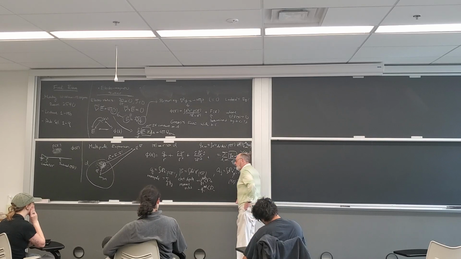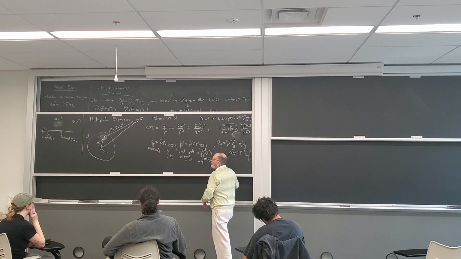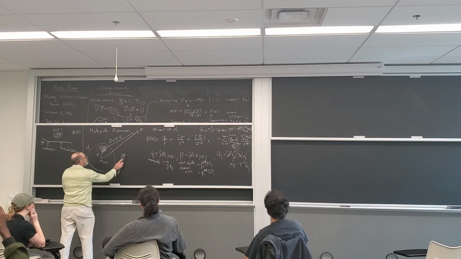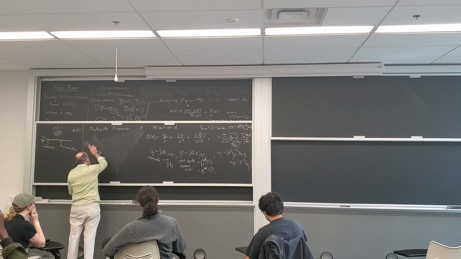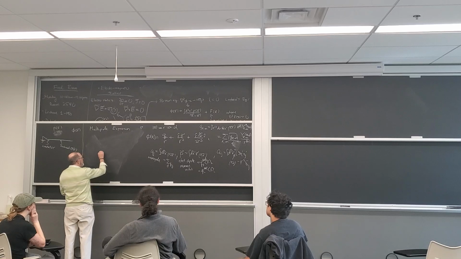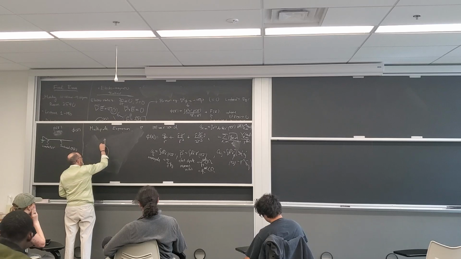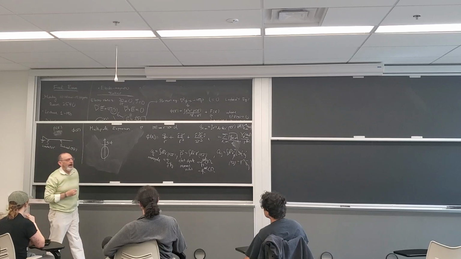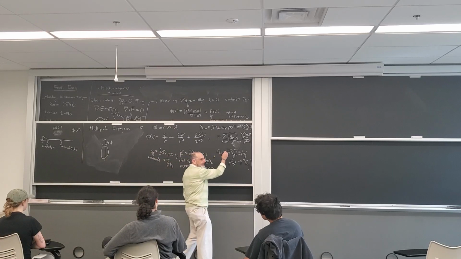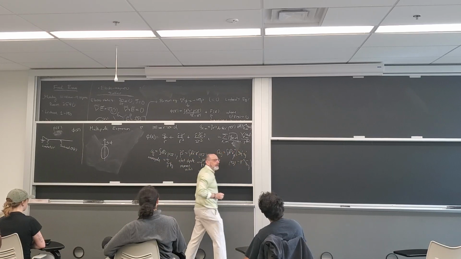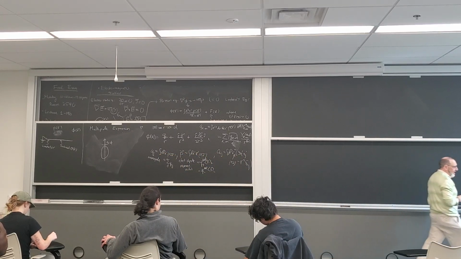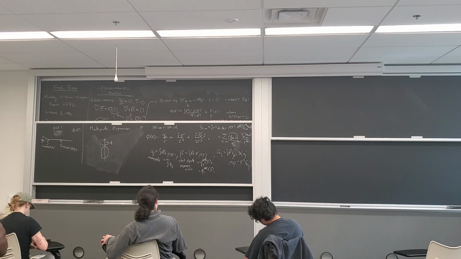But I wanted to remind you about one other thing, particularly when we have azimuthal symmetry. So if we have a charge distribution that has azimuthal symmetry, is independent of phi, then we have a more simplified version of this because it's related to the Legendre polynomials, right?